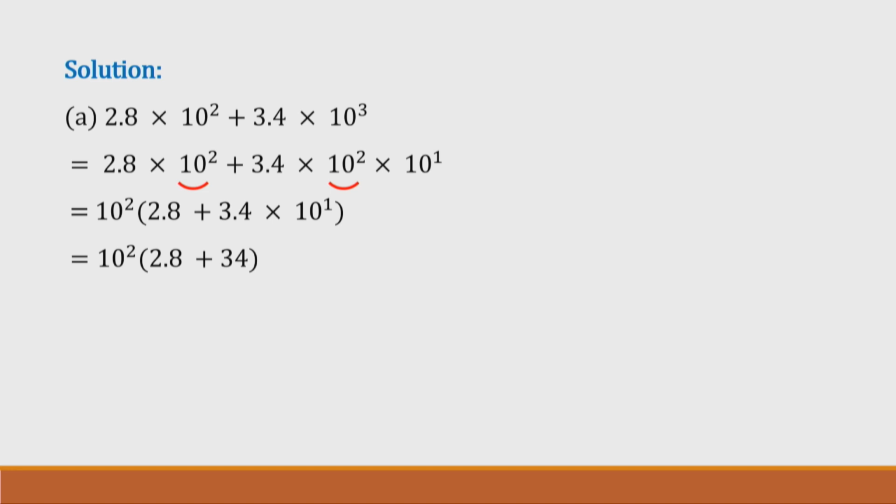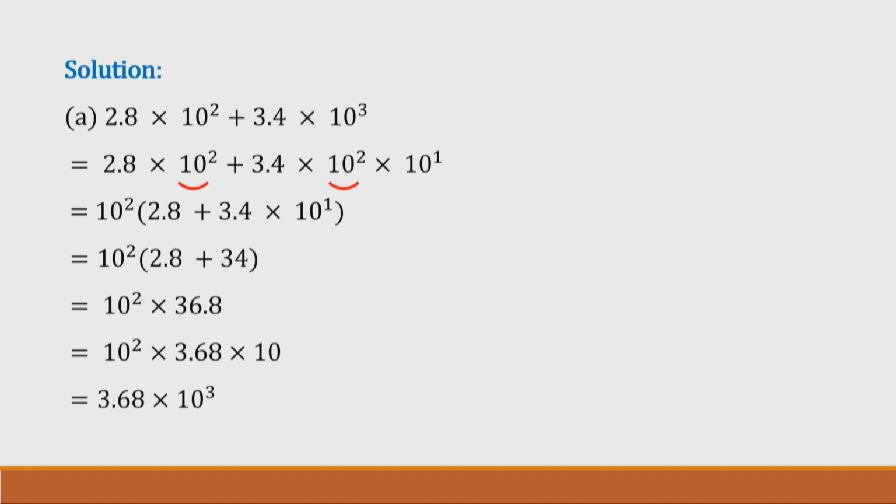Adding 34 to 2.8, I get 36.8. But 36.8 is not in standard form. So I rewrite it as 3.68 times 10. Using the multiplication law of indices, I get 3.68 times 10 power 3.